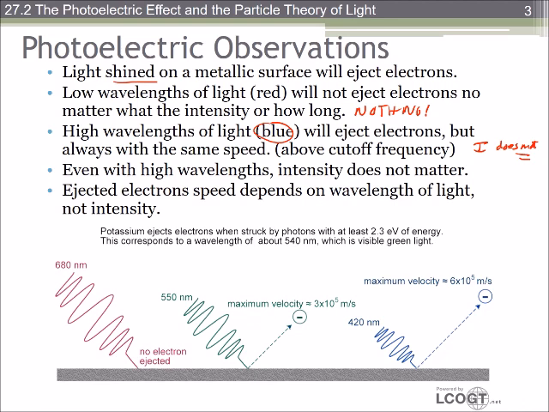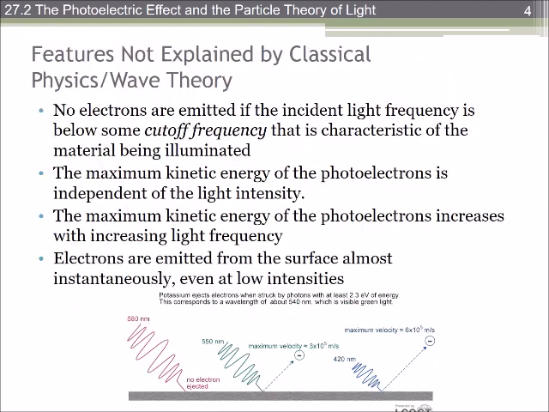What gives? Even so, intensity doesn't matter. Electrons are all at the same speed. So we have to have this idea of a cutoff frequency. We have to have some minimum frequency for these electrons to pop off, and then the maximum kinetic energy of these emitted electrons is independent of intensity, which is crazy.